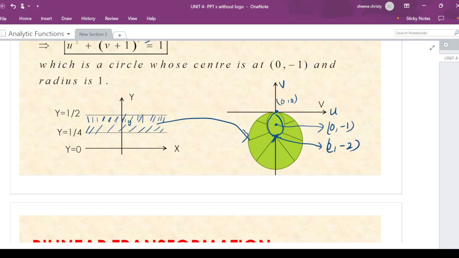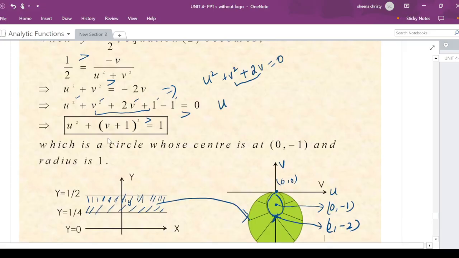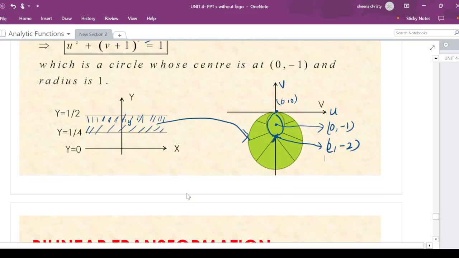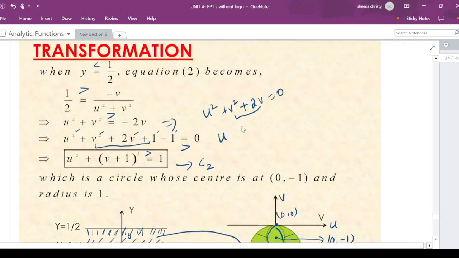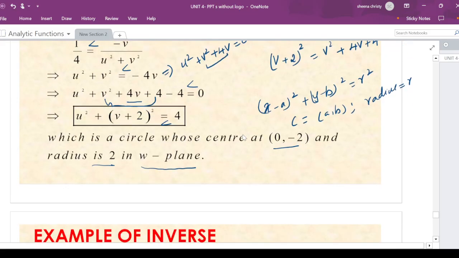So, what are you going to consider? This gives you u square plus (v plus 1) the whole square is greater than 1. Greater than 1 means exterior of this circle. Exterior of this innermost circle, let us call this circle 2 and this one circle 1.